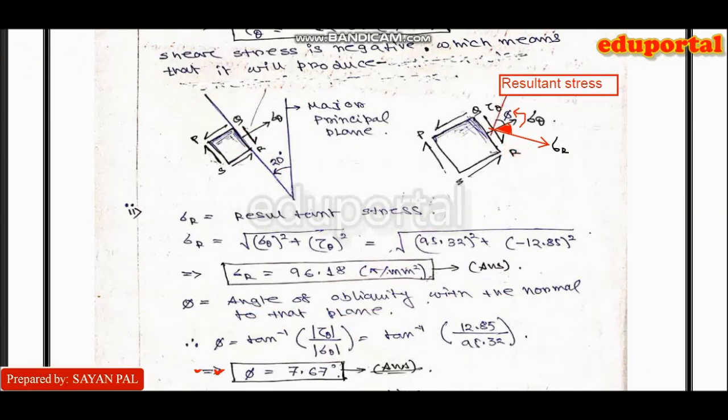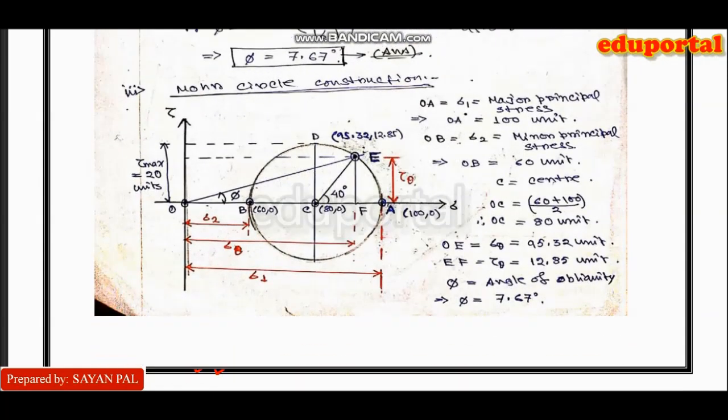We will also solve the problem by the graphical method, that is the Mohr circle method. Taking O as the origin, OB is sigma 2, the minor principal stress, and OA is sigma 1, the major principal stress. This point indicates the plane on which the normal stress and shear stress are required.